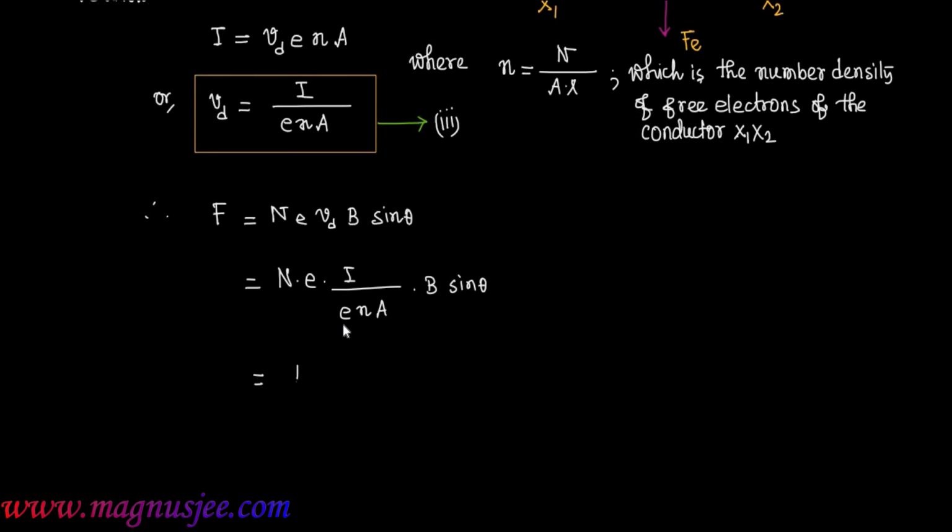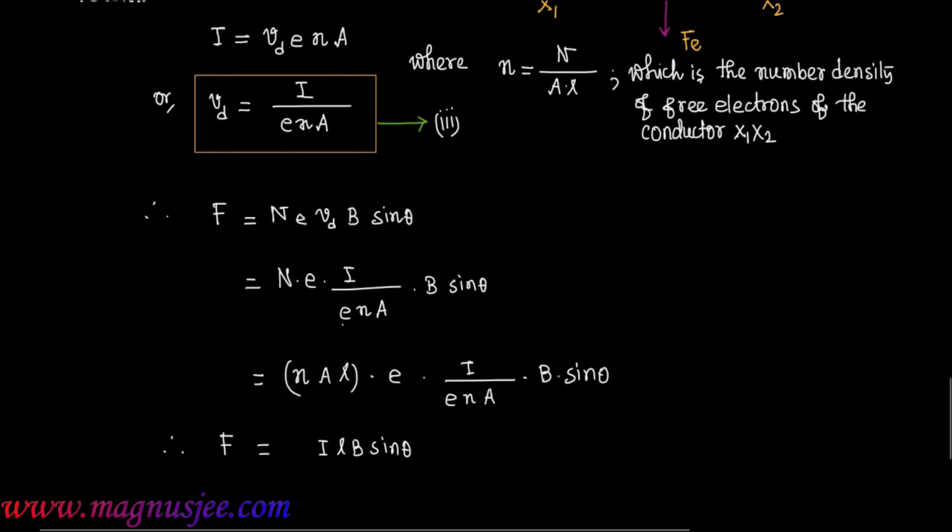Now, in place of the total number of free electrons N, we can write small n A dot L, so finally we get I L B sin theta.